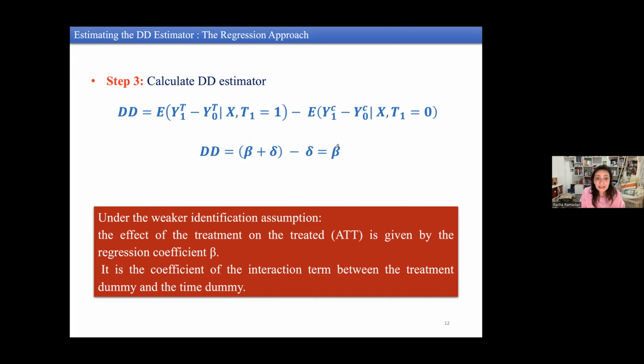In this case, the average treatment effect on the treated is the coefficient beta, the coefficient of the interaction between the time dummy and the treatment dummy. This is how we benefit from panel data: we can control for the observable characteristics and the unobservable characteristics that are invariant over time.